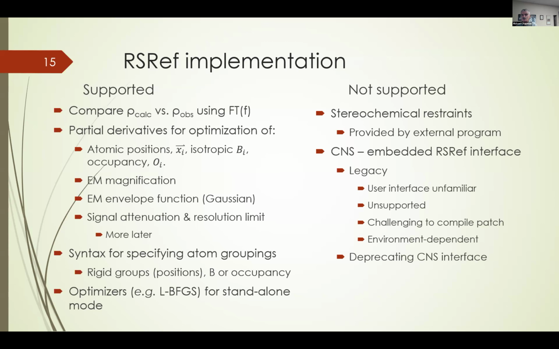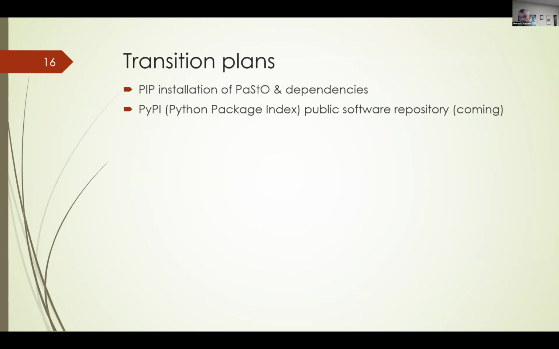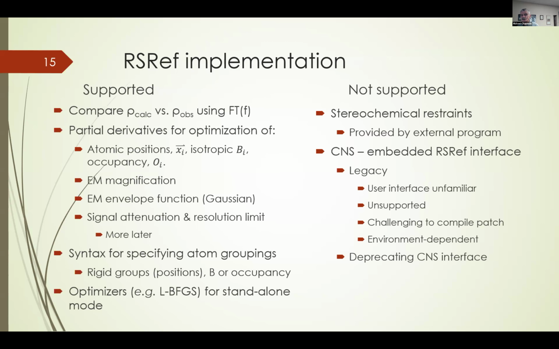Until recently, probably the best or most appropriate of these has been CNS, into which we embedded an interface to our module. But this is really now at the stage of being considered legacy code.